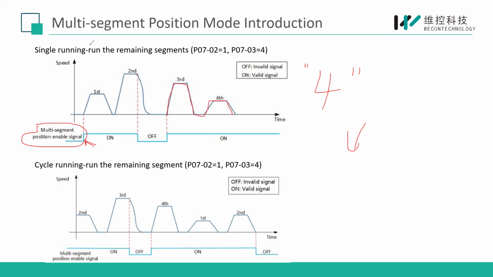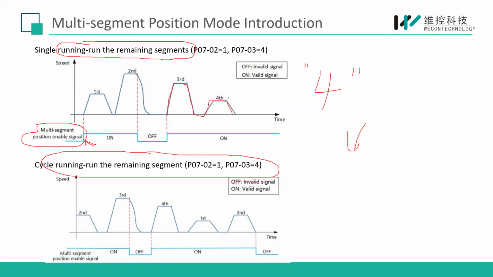This is what we call running the remaining segments. But for this setting, this is cyclic running.